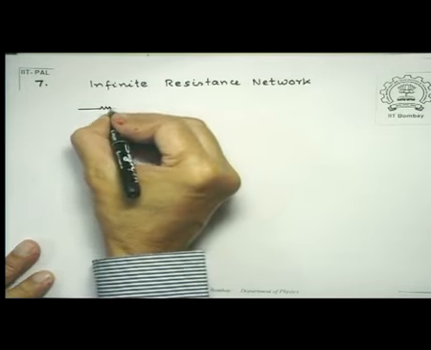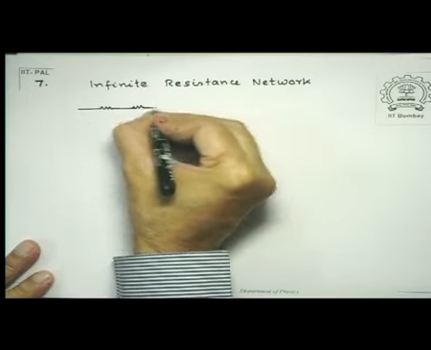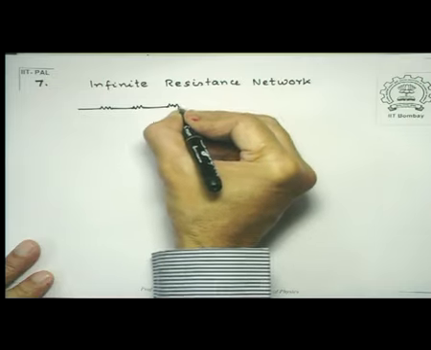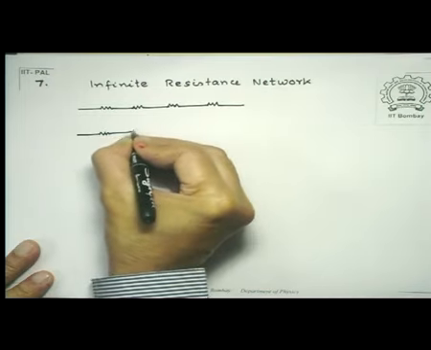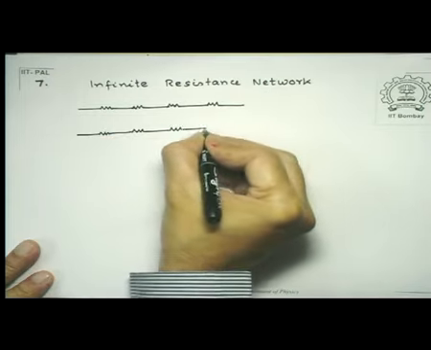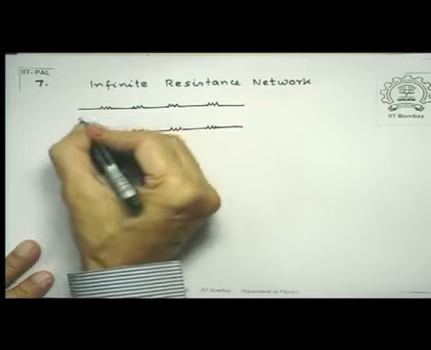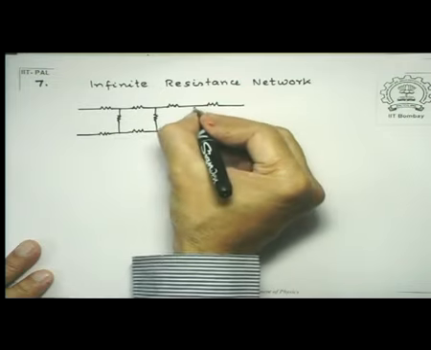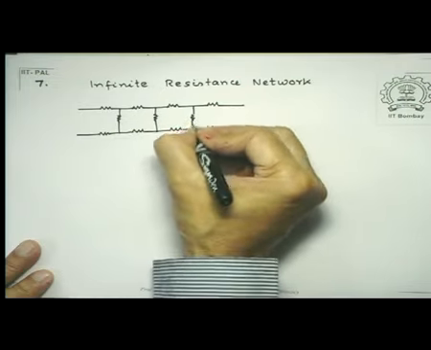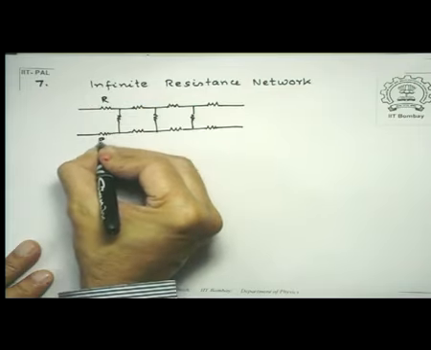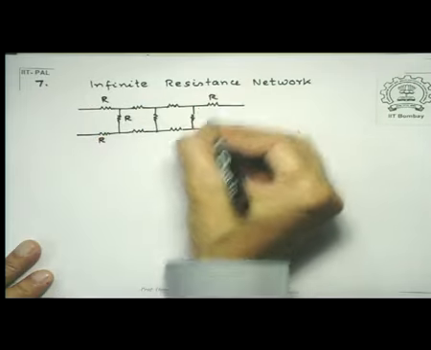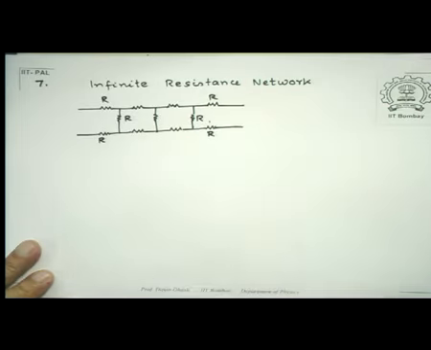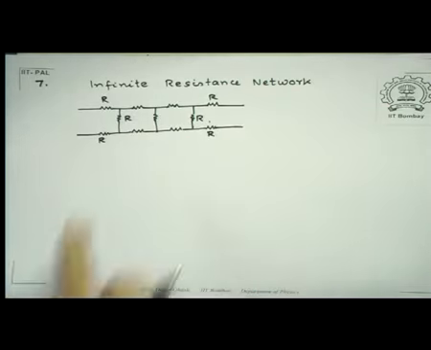You have resistances, all of them have the value R. And they are connected also by resistances R. What is the effective resistance of such a circuit?